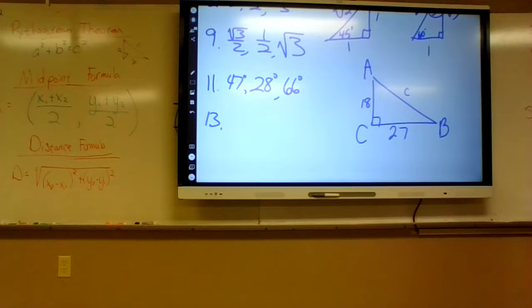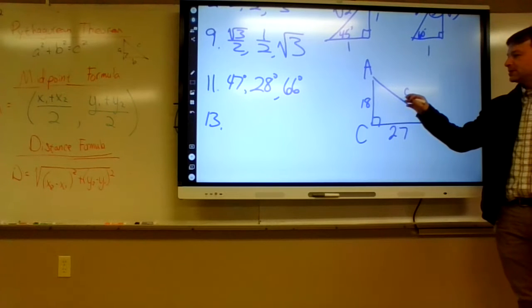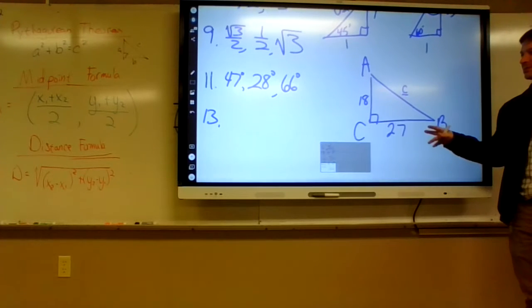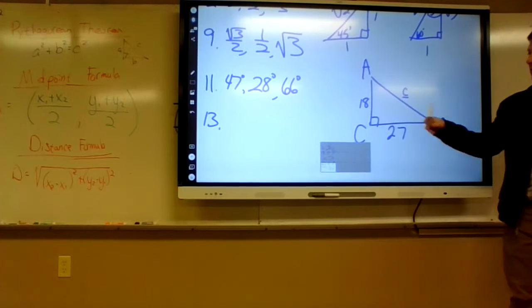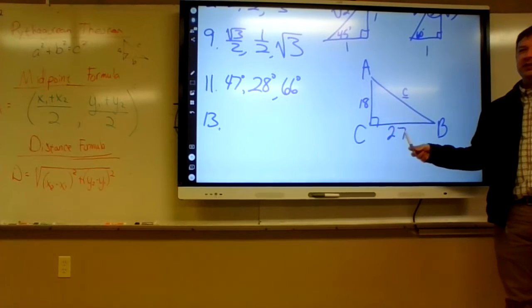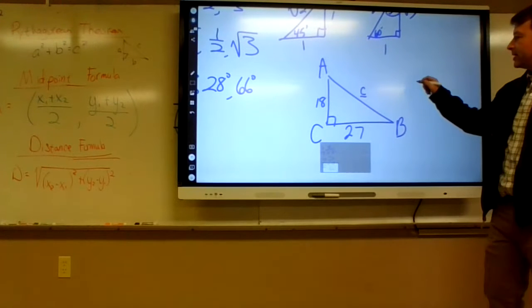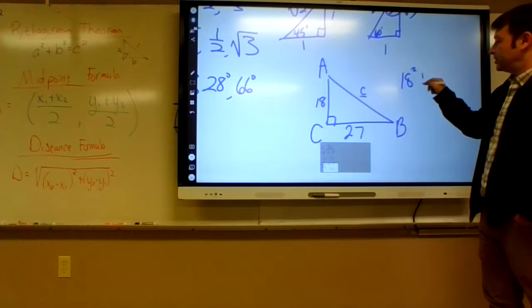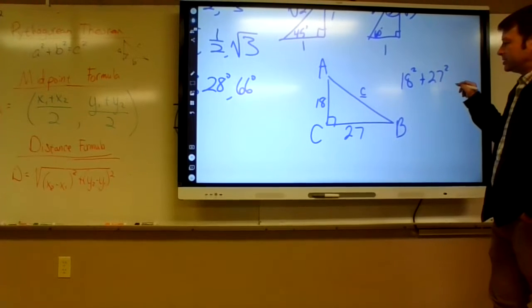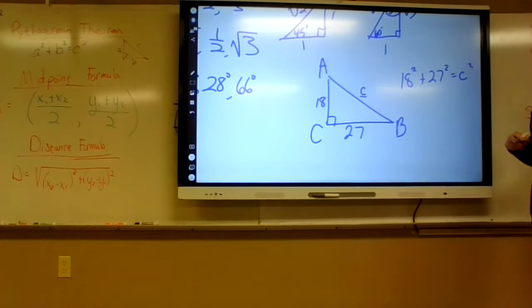Jasmine, you know how we can find side C? If we know two sides of a right triangle, how do we find the third? Pythagorean theorem. 18 squared plus 27 squared equals C squared. Jasmine, get a calculator.